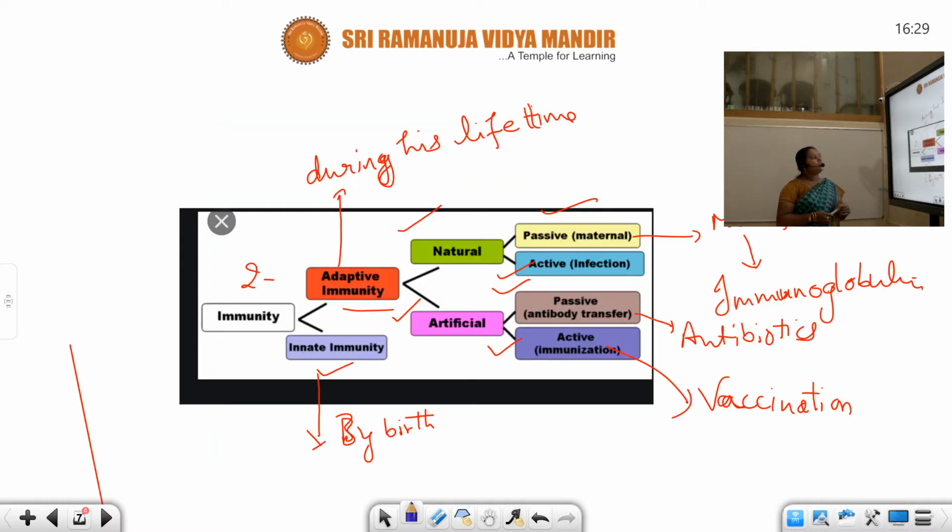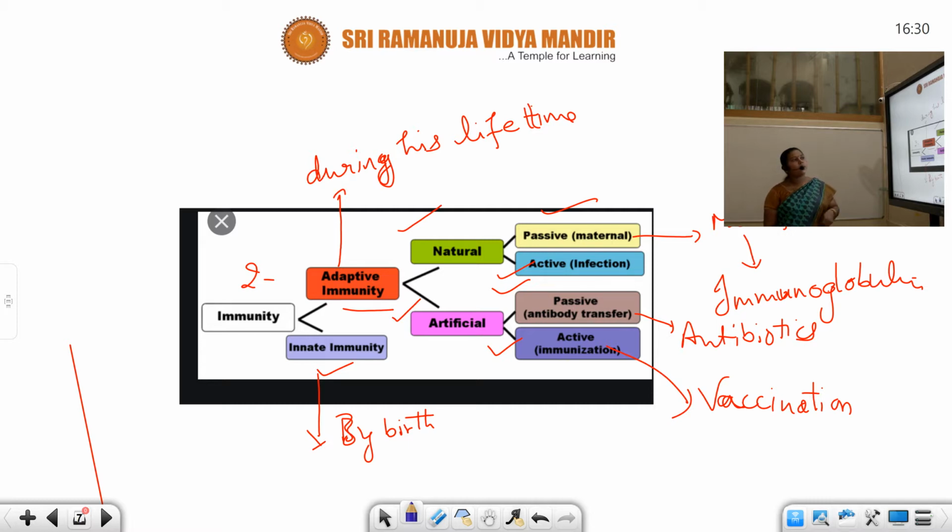Different types of immunities we have discussed: adaptive and innate immunity. Adaptive means that which is acquired during our lifetime, and we can also call it acquired immunity. The next type is innate immunity, the immunity which we get from birth itself.